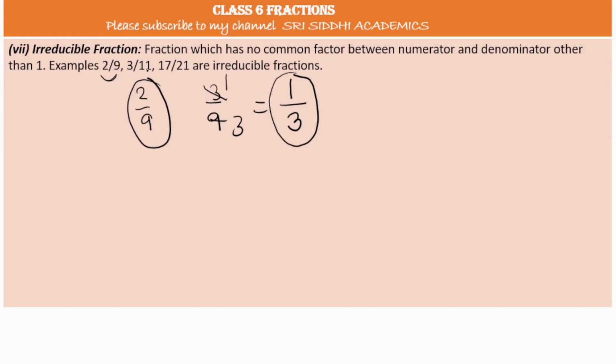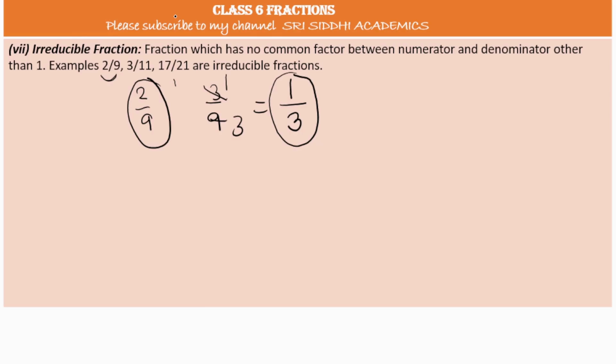Similarly 3 by 11, ये दोनों ही कोप्राइम नंबर्स हैं. 17 by 21, ये भी दो कोप्राइम नंबर्स हैं. कोप्राइम नंबर्स are those numbers which have got no common other number. So these are all irreducible fractions.